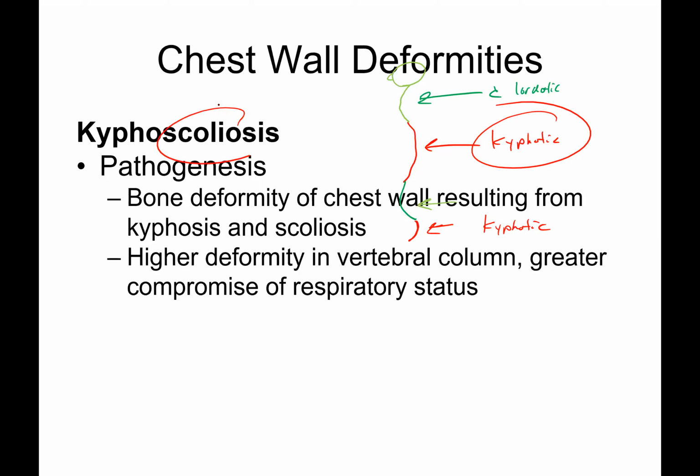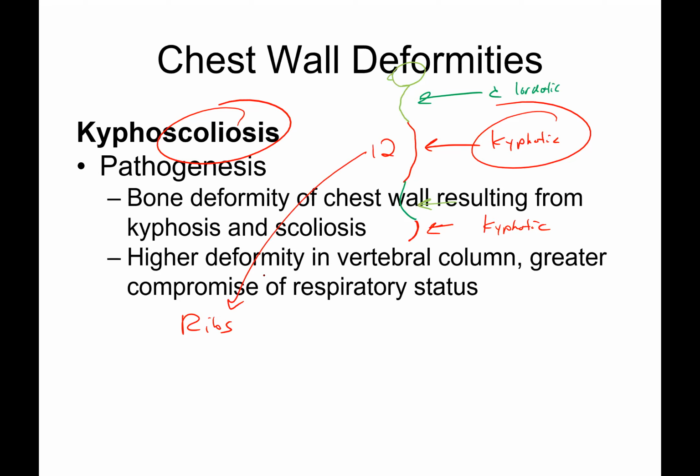Okay, and then scoliosis is an abnormal bending of the spine. So it's a bone deformity, usually in the thoracic area, that starts to compromise the ribs, right? Because you have 12 thoracic bones and 12 pairs of ribs.